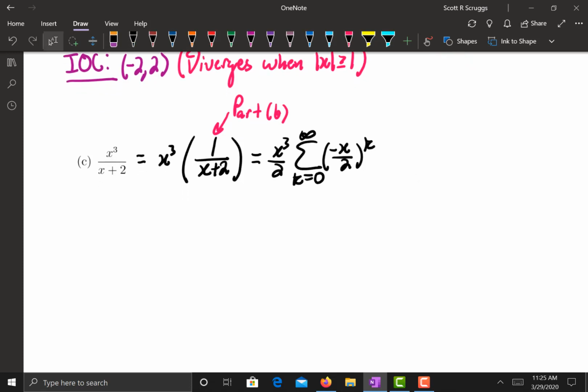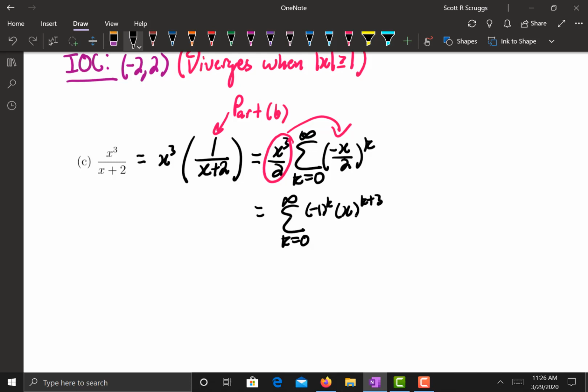I'm now going to use my property that says powers on the outside, if it's positive, can go inside. So I can rewrite that as the sum k goes from 0 to infinity of -1 to the kth power times x to the k plus 3 power.